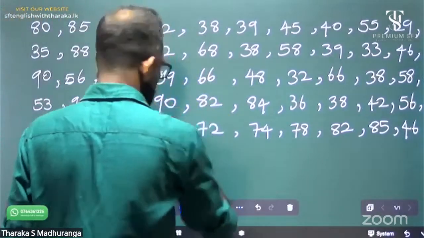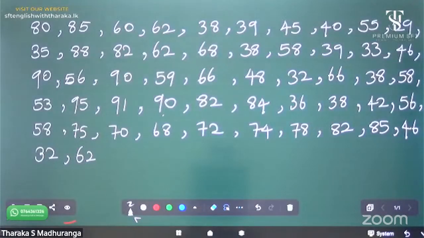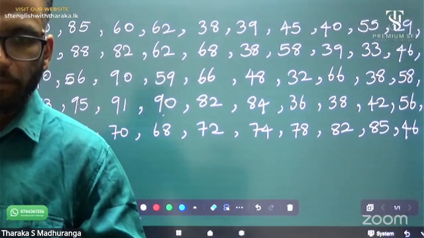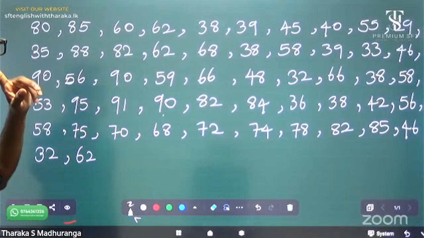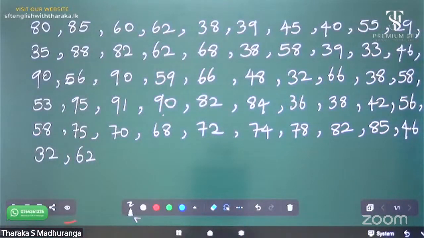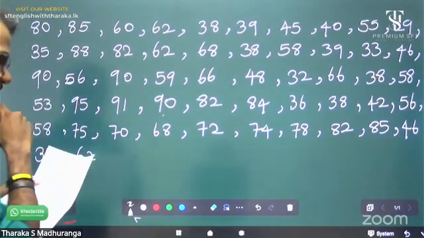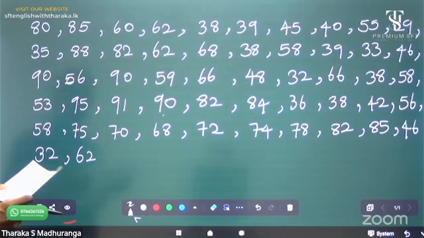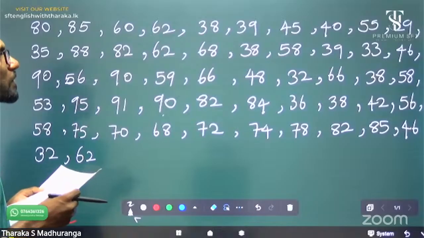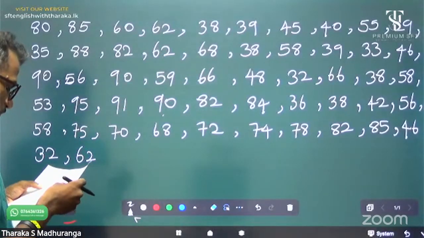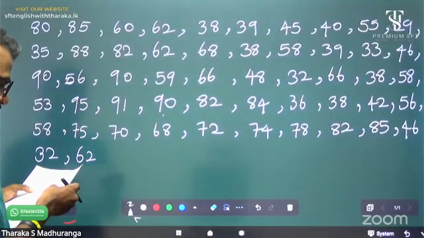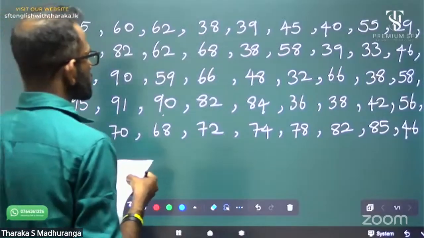Wait, I will check the PDF. In the third row, what's the mistake? 56 and 90. Yes. 33, 46, 90, 59. Yes, that's a mistake.